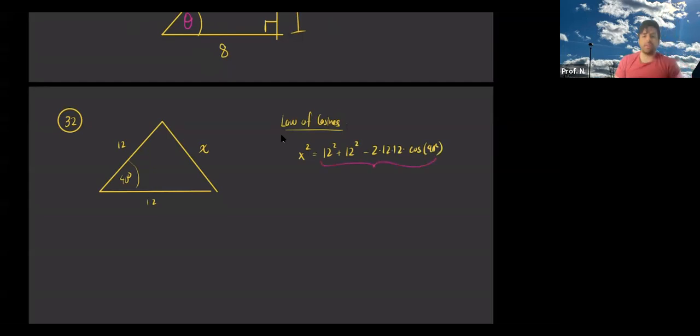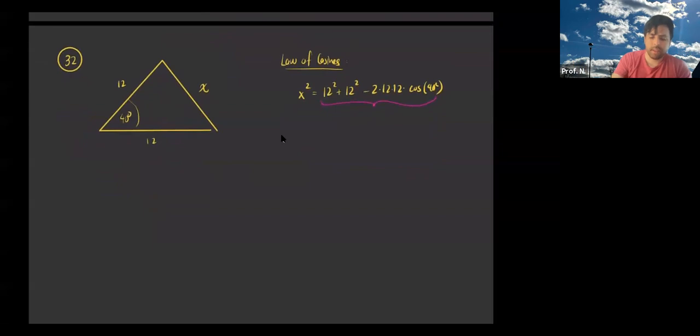I have to use my calculator, and then from there you can find x. This doesn't take too much time. Again, the hardest part is identifying that you're using the law of cosines. Once you have that, then it's just calculator work.